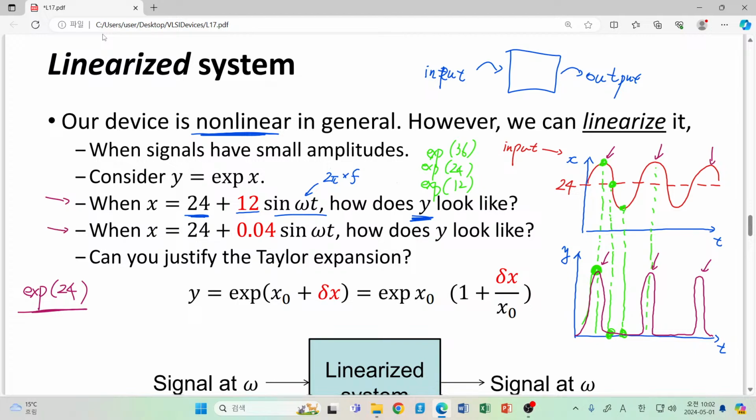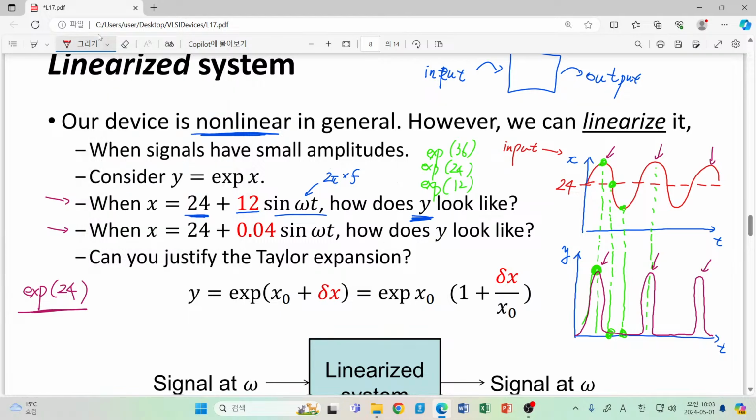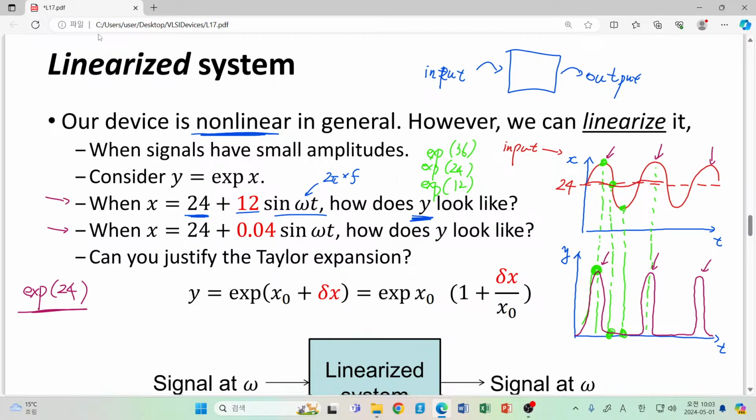Here, now we have a different case where still the average value is 24, but the amplitude is now just given as 0.04. Please try to override it, then you will draw this. Oh, sorry about my ugly drawing, but anyway, that will be the shape of our second example.